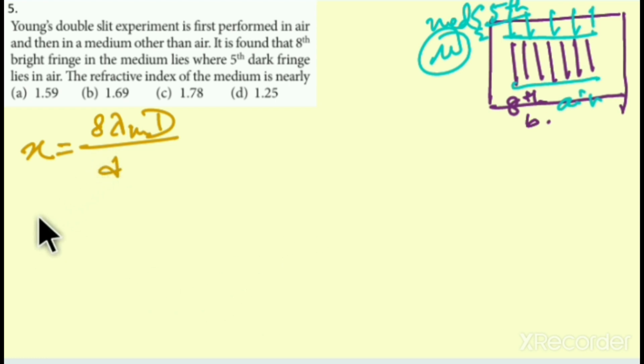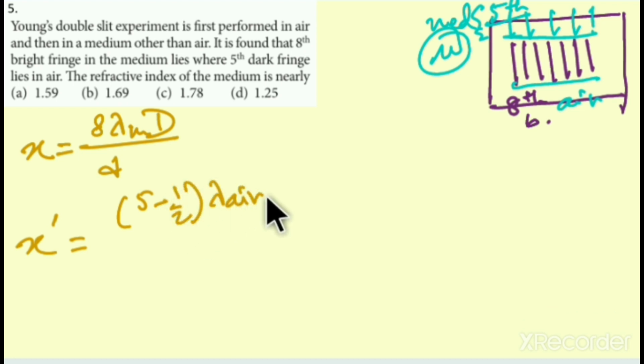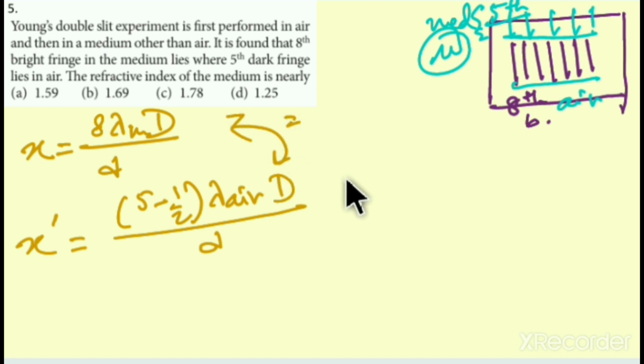And the position of the 5th dark fringe in the medium will be 5 minus half, lambda D by small d, this is the formula. According to the question these both are equal. So using this condition, x prime is equal to x.